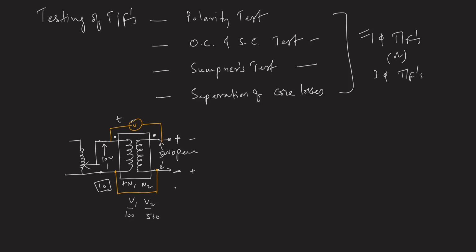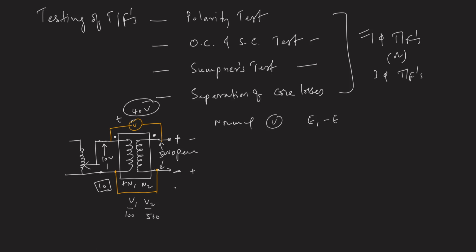So if it is properly connected, the voltmeter, reading the difference of these two voltages, should give 40 volts.